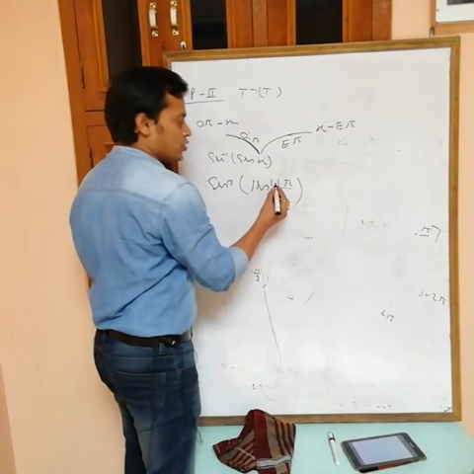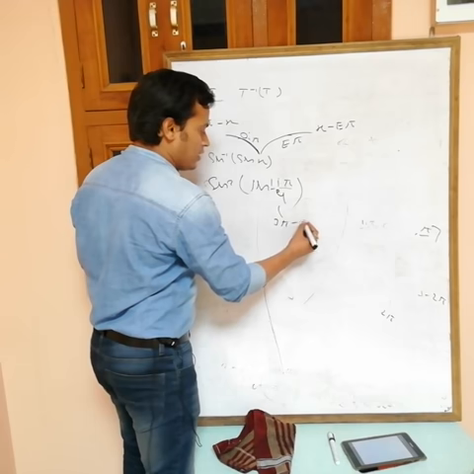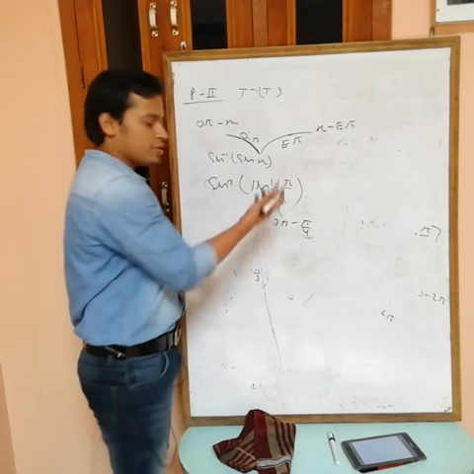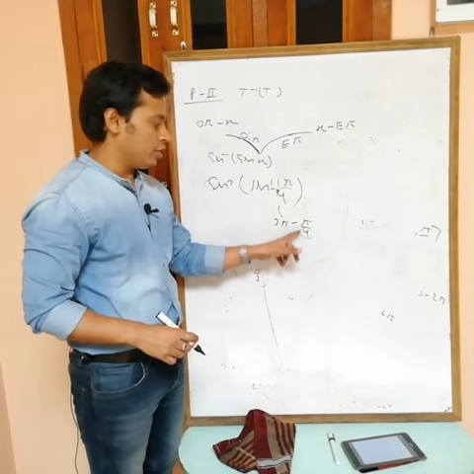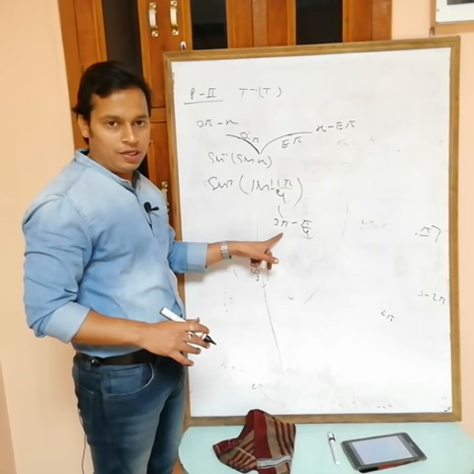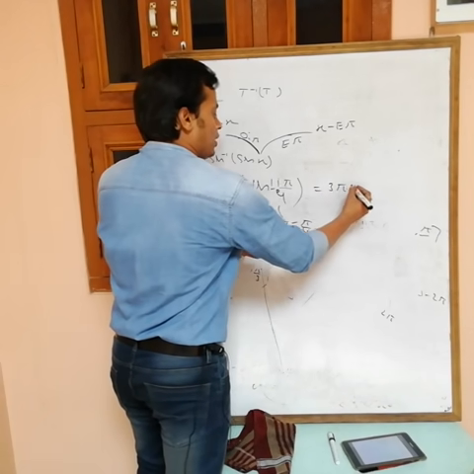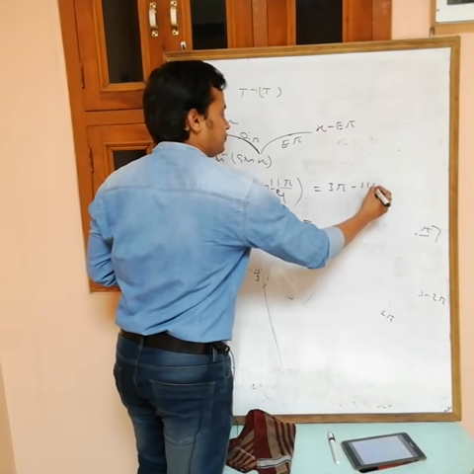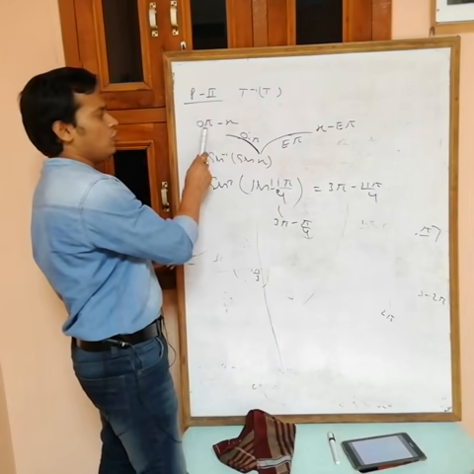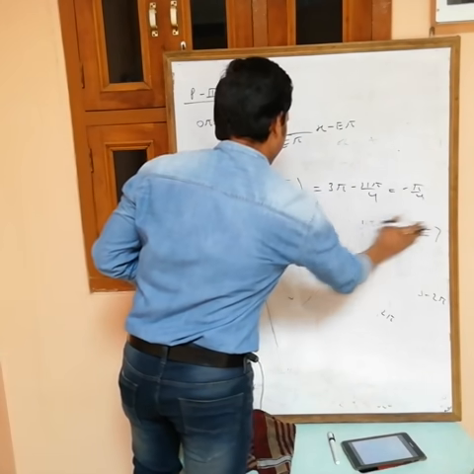Then you can also write it as 12 pi minus pi, divided by 4, which is 3 pi minus pi by 4. That is 11 pi by 4, yes. Now this is less than pi by 2 away, so no problem. So this is near to an odd multiple of pi. If near to an odd multiple of pi, then the answer is the odd multiple of pi minus x. So what we are getting is minus pi by 4. This is the answer.